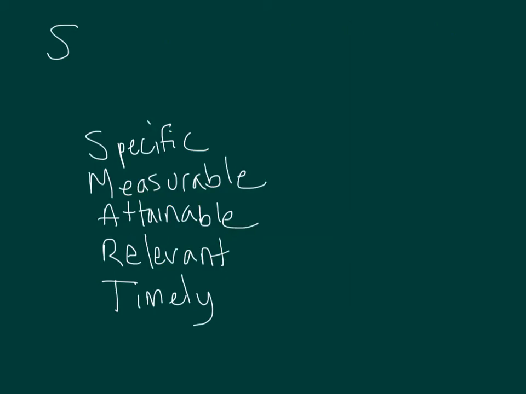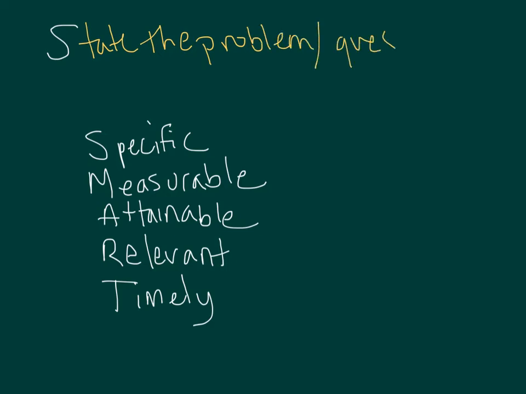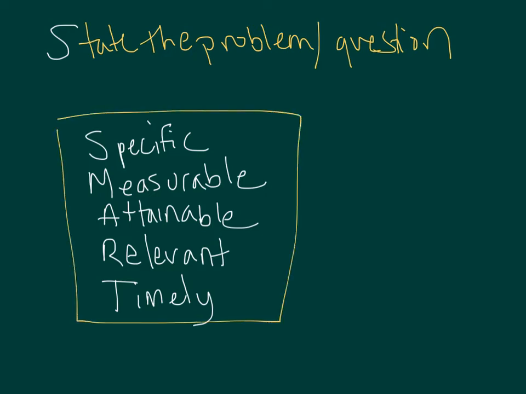Alright, so let's start with the S. Again, we said the S stood for what? Yeah, it stands for stating the problem or question. So when you have a problem or question, we want to make sure when you're designing it that it's actually a SMART question. So what does SMART mean? It means that it's specific, meaning that it has to do with a certain organism or certain situation. It's not this vague thing like what is an animal. It's very specific to a cause.